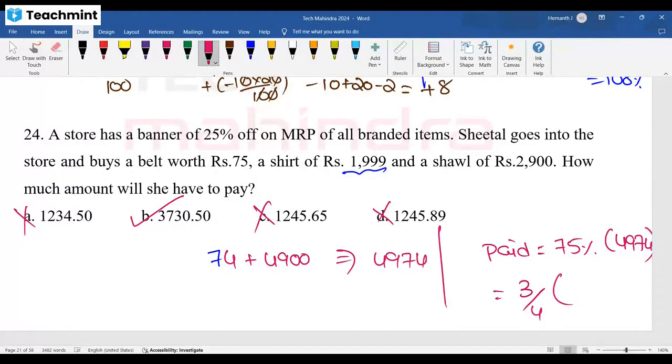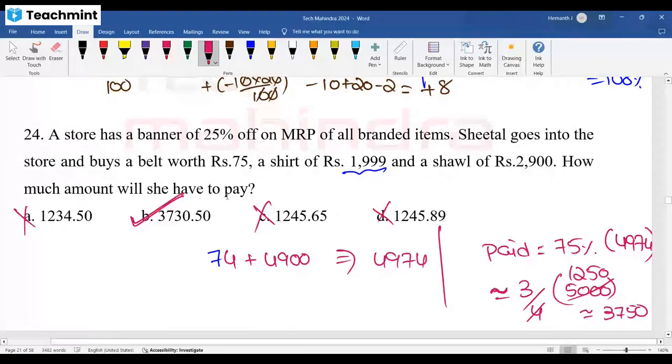Approximately take this as 5,000. So 1,215 into 3 will be 3,750, close to that. You have to get less than that only, because I took a larger value and added 26 extra, so some value should be decreased. That's what you can observe here. So by approximation, B is correct.